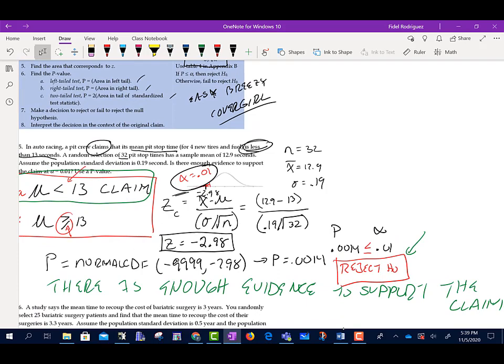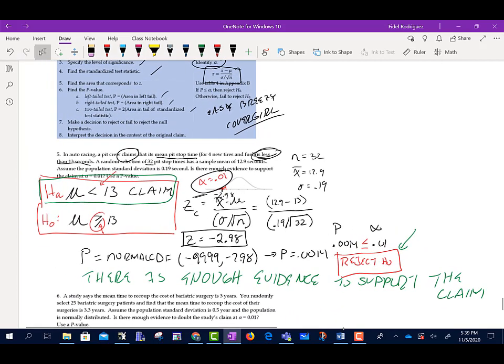So there's a couple of steps involved. I know this is new for probably all of us here, but the first thing is we're always going to write the claim. Once we find the claim, we state the opposite of the claim, and then we can determine which is our null and which is our alternate.